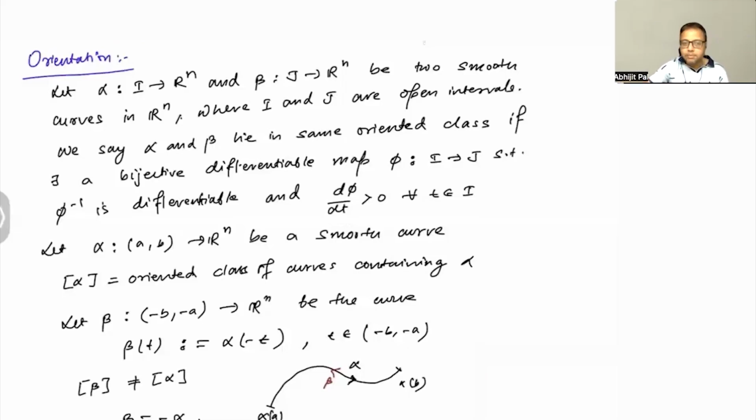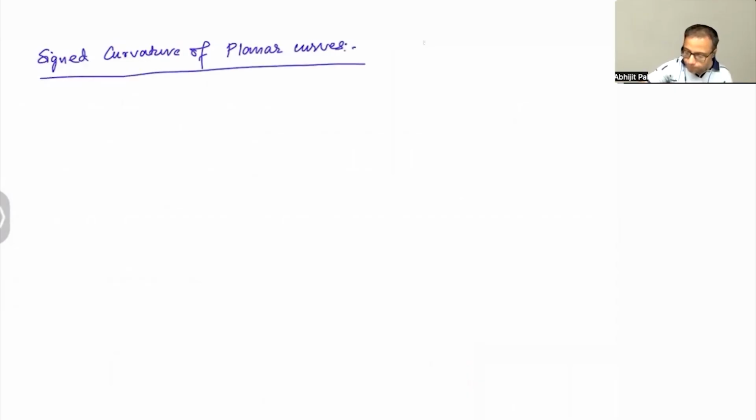So this is about the orientation of curves, and now let me move to the definition of signed curvature of planar curves. Let us begin with a unit speed curve in R2.